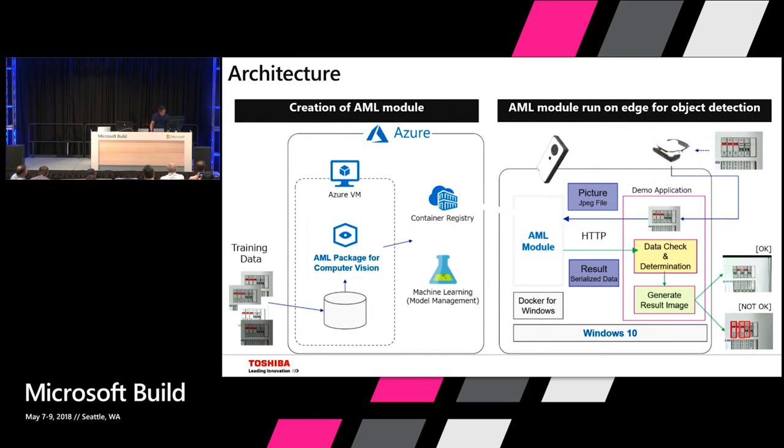This is a brief overview of the architecture we used. The created AML model is downloaded into our Dynaedge devices, which perform standalone object detection using our smart glasses. This application realizes our mobile edge computing vision.